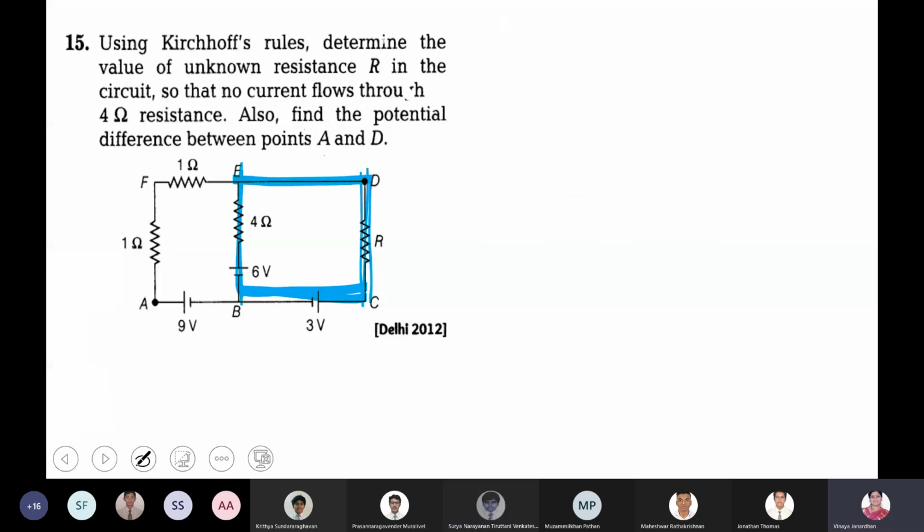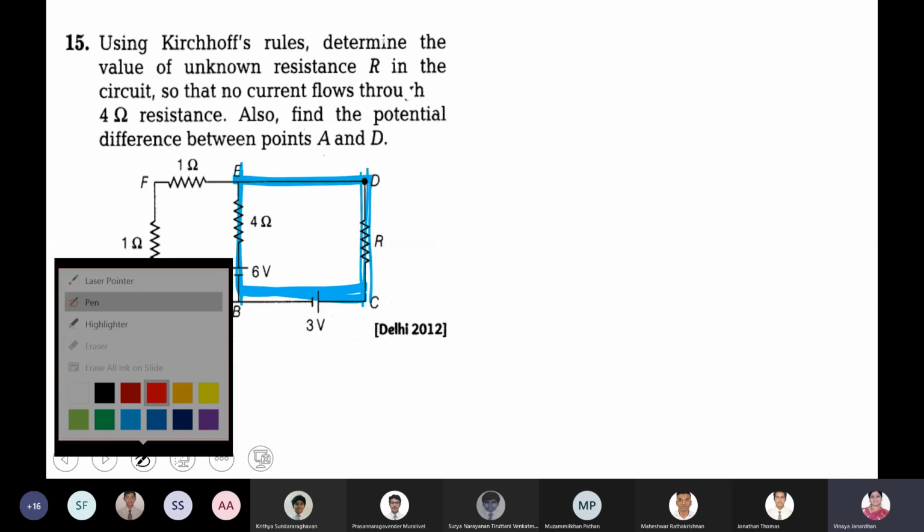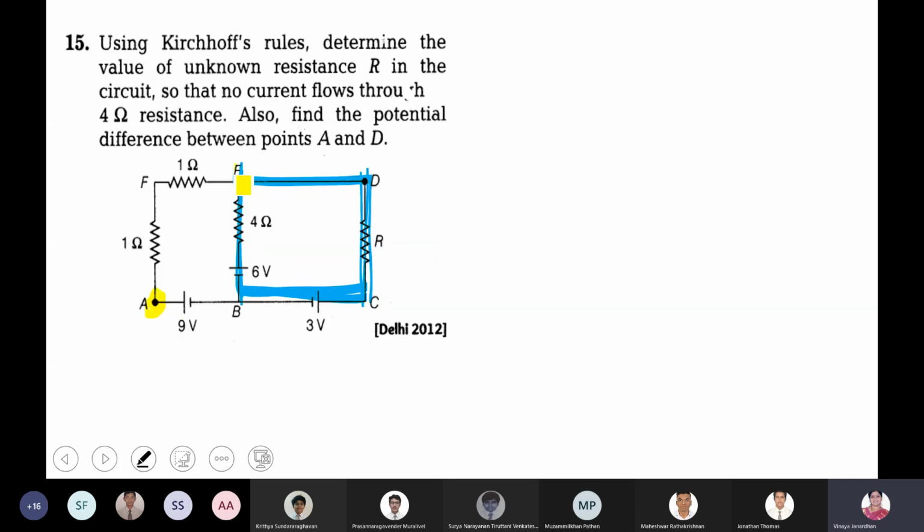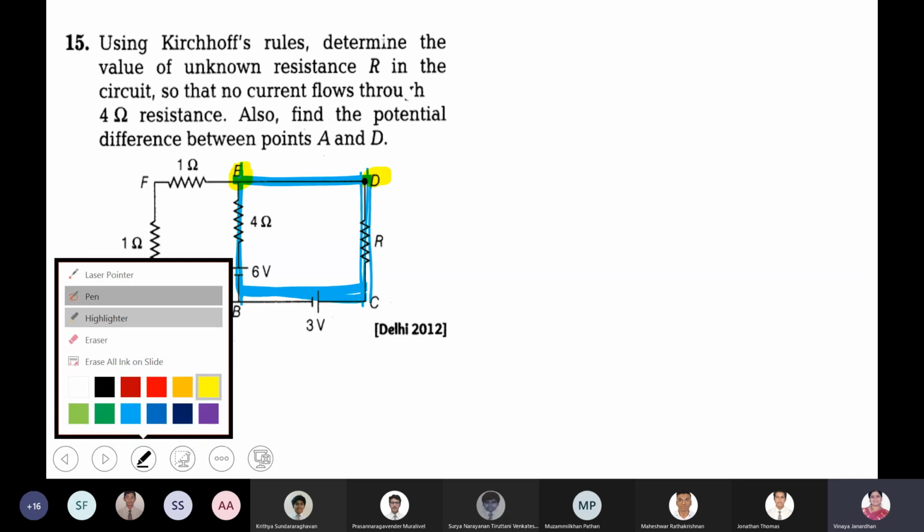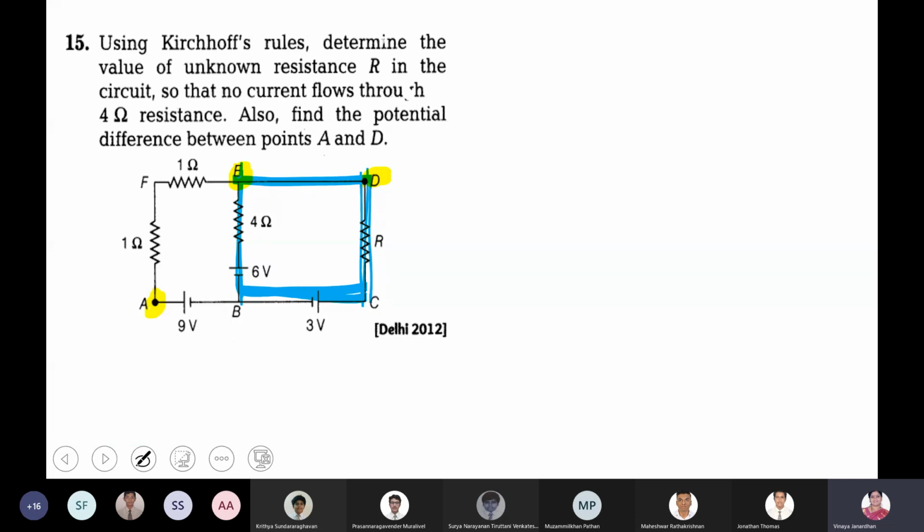Okay, now the question is the potential difference between the points A and D. So E and D will be at the same potential. Do you understand why E and D are at the same potential? Because there is no resistor across it, boys. Is that clear?